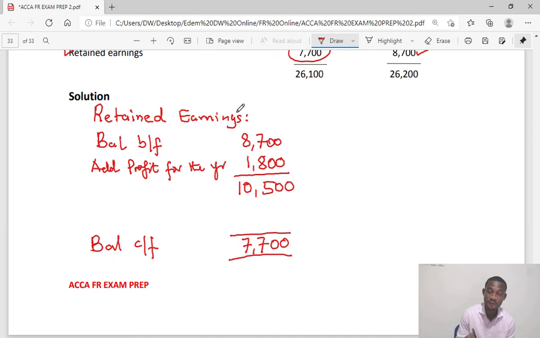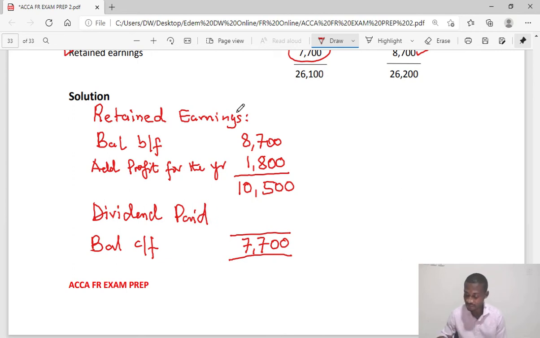So we should have 10,500, but at the end of the period we had 7,700. Then the balancing figure becomes the dividend paid in the year, which is the cash dividend paid.